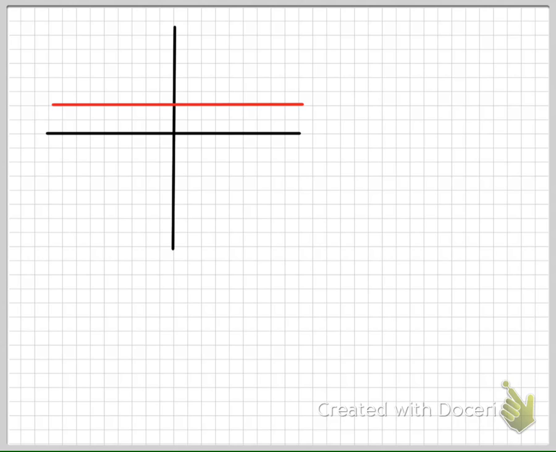All right, that's a zero slope, okay? If you think of slope as a hillside, that hill has no slope at all, right? It's perfectly flat. So this is a zero slope.